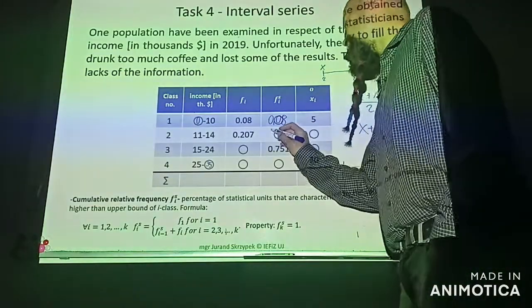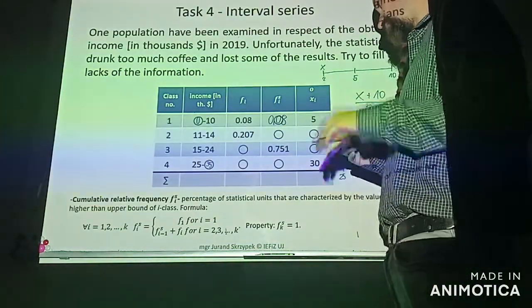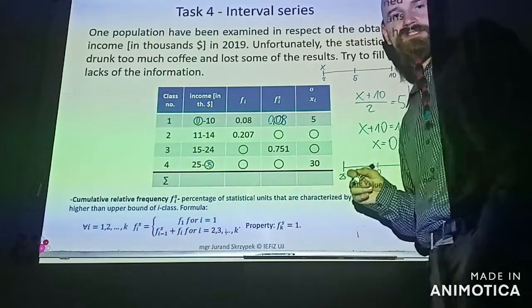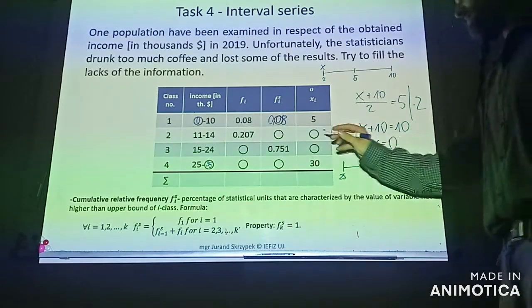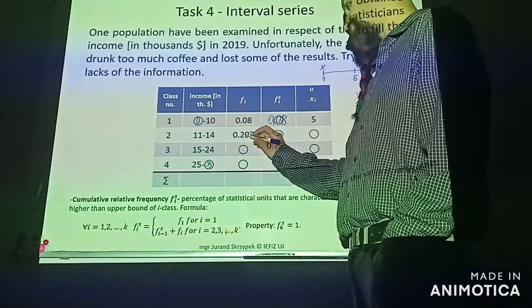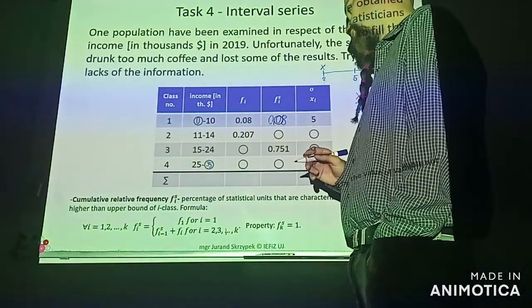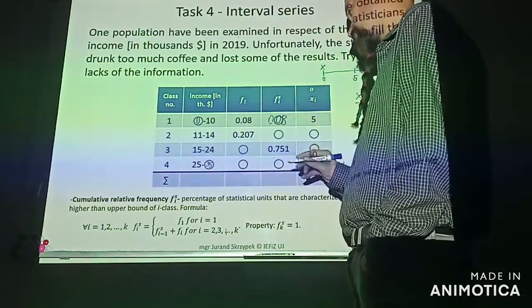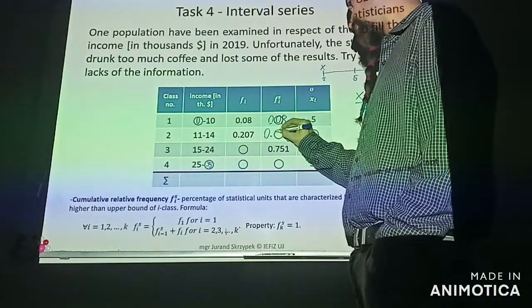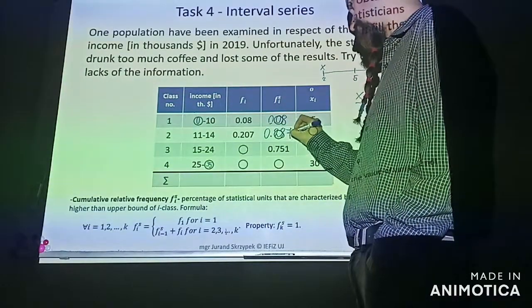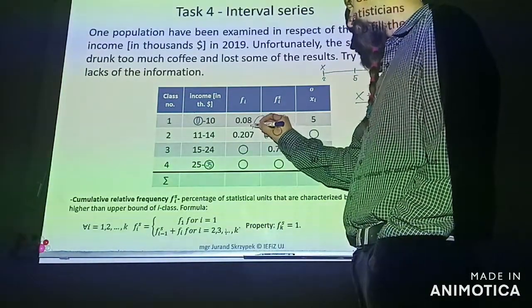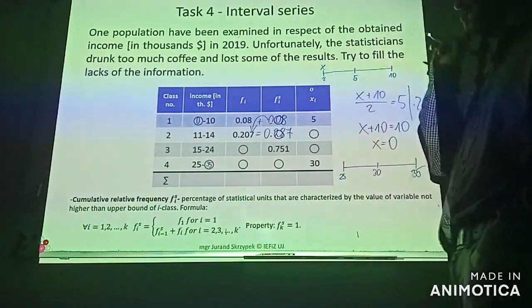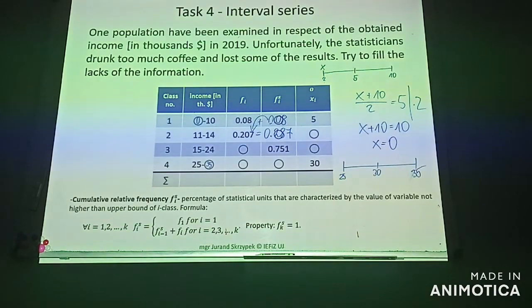So it is easy to obtain the second cumulative frequency by adding these two values. 0.08 plus 0.207 is 0.287. This plus this gives us 0.287.